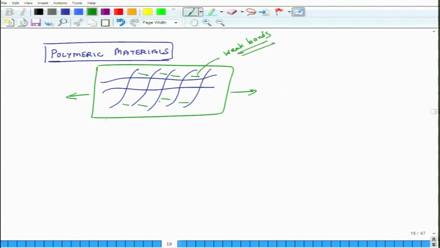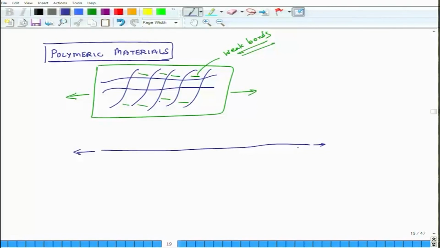But if I take a polymeric fiber in reality, and I pull it in this direction, a polymeric fiber is essentially a long chain of molecules, or maybe several chains which are aligned in one direction, not in a crisscross direction.